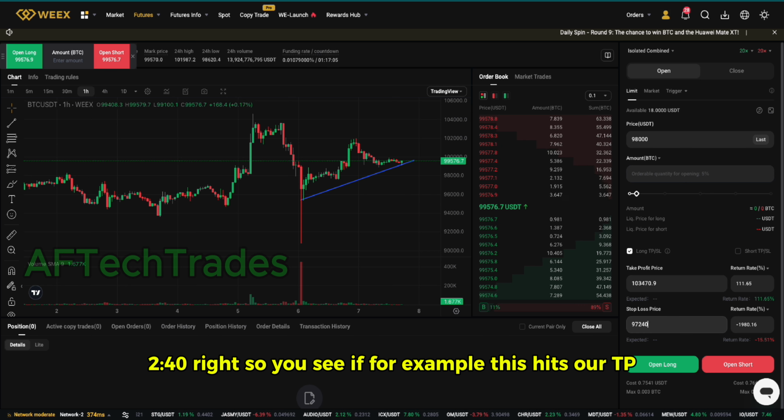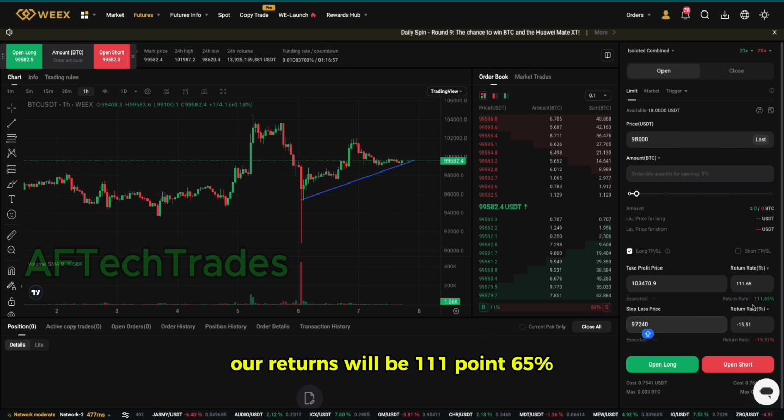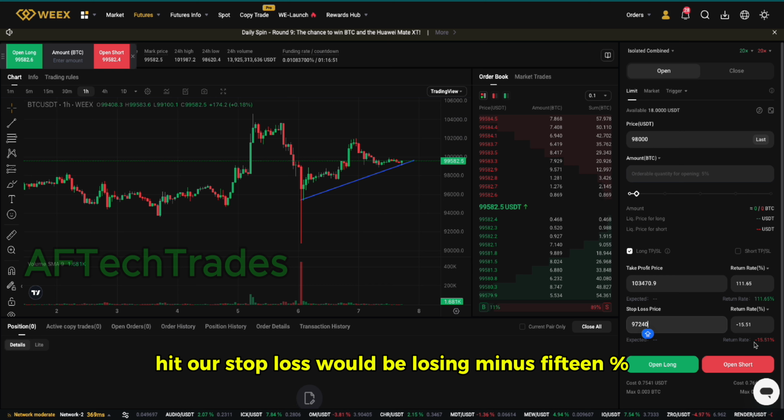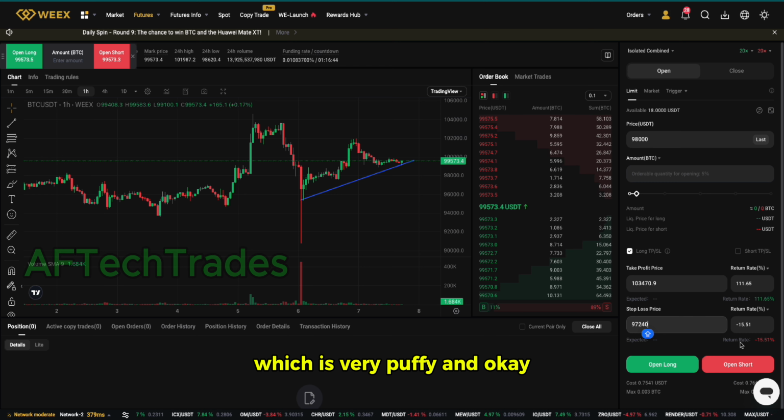So you see, if for example this hits our TP, our returns will be 111.65%. But if this hits our stop loss, we would be losing minus 15%, which is very perfect and okay.